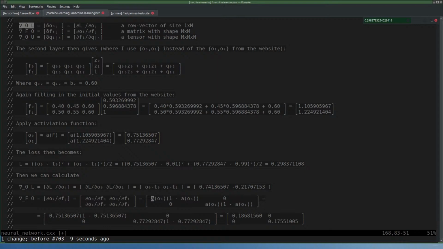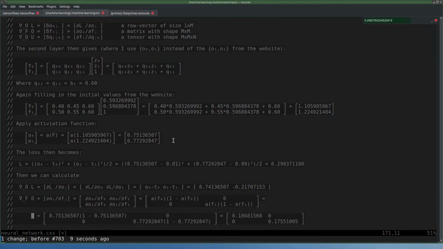So this is the derivative of O, which is a function of F. So you have to fill in F here. And then, lo and behold, the value of F. No, that's the value of O. What?